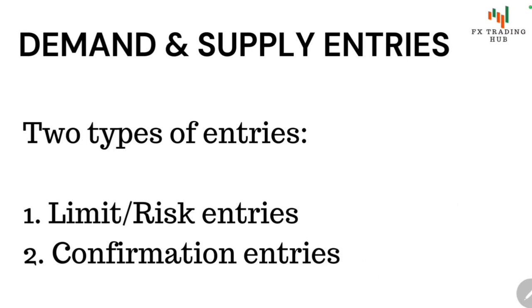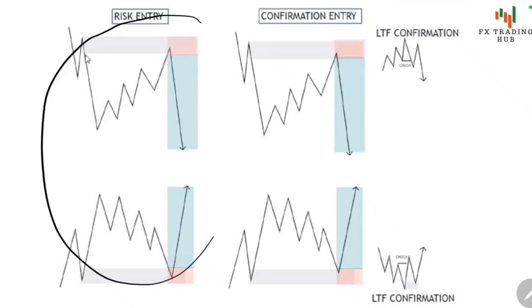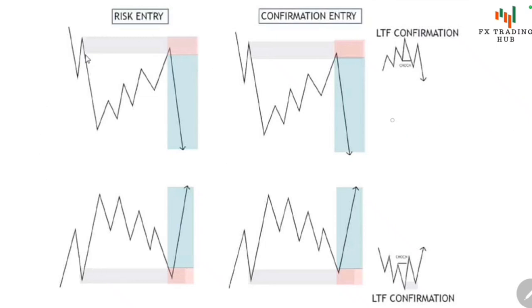But for the confirmation entry method, you are actually looking for entry confirmation. Let me just show you how that works. You can see here that this is the risk entry method for both the demand and supply zones.